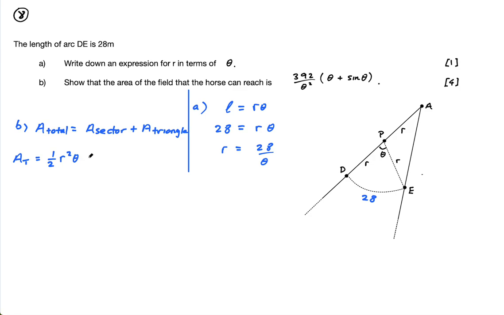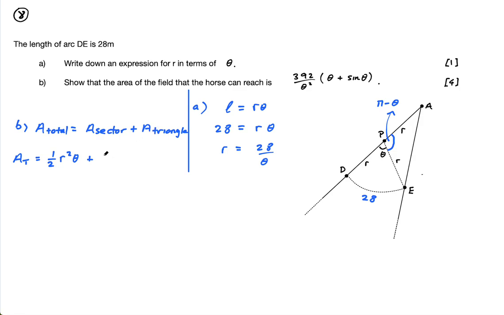And the area of the triangle: if this angle is theta, then this angle here is pi minus theta, or 180 minus theta. Let's stick with radians, but if you use degrees here, it wouldn't be a big problem.